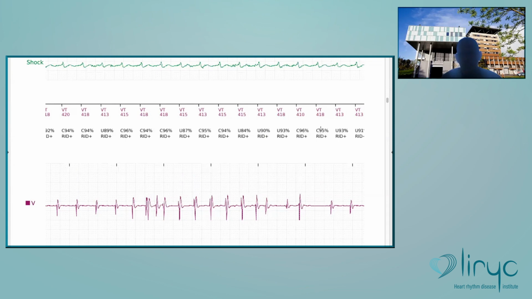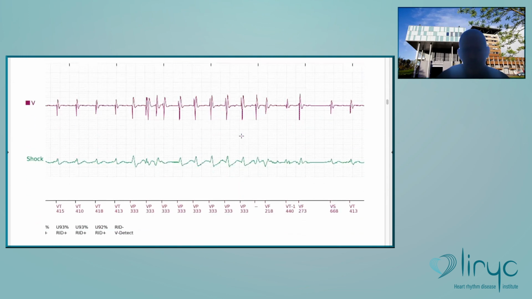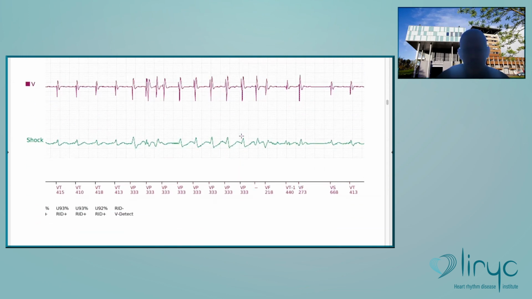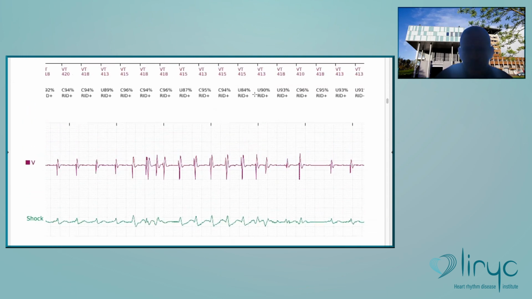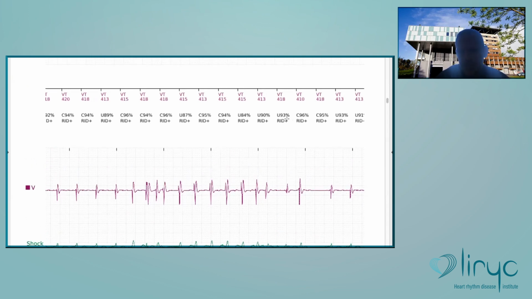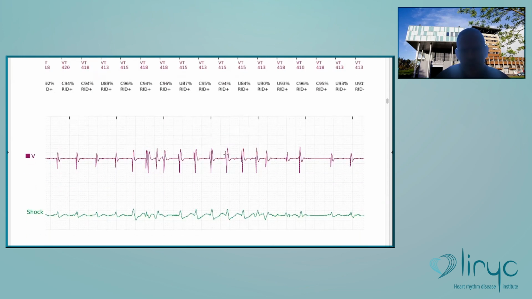So this one is correlated, this one also, but this one is not, this one is yes, but less than 3 out of 10. It starts here, and therefore the therapy is delivered. The numbers are close to 90%, but they are less than 90%. And then one therapy is delivered.